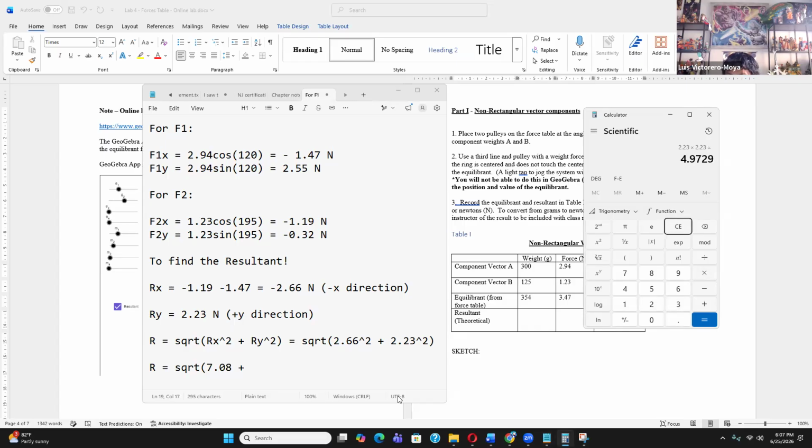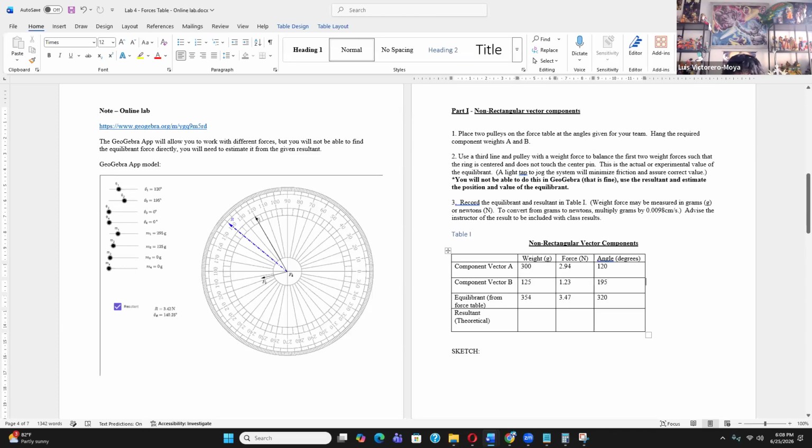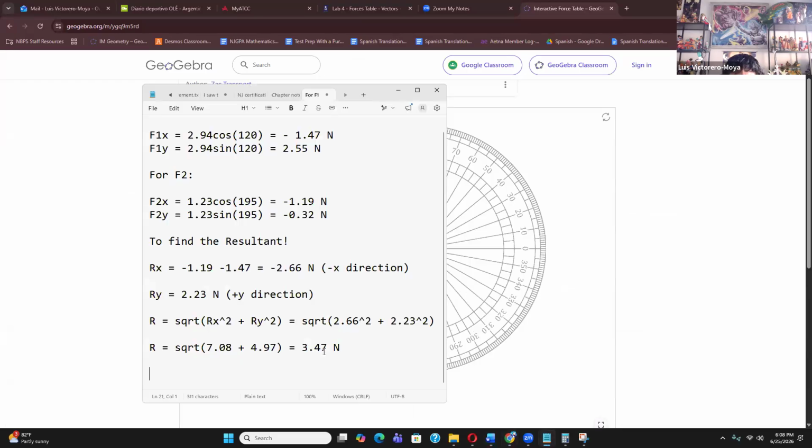Square root of this, 3.47 newtons. That matches, well, yeah, 3.47, right? Perfect.